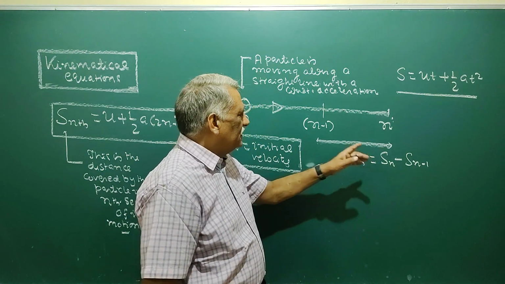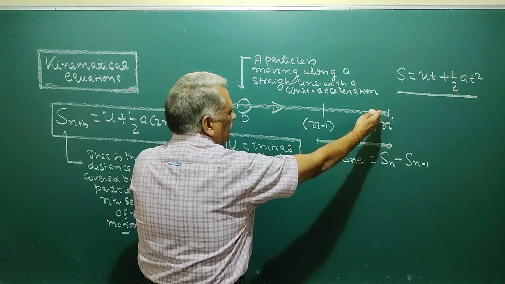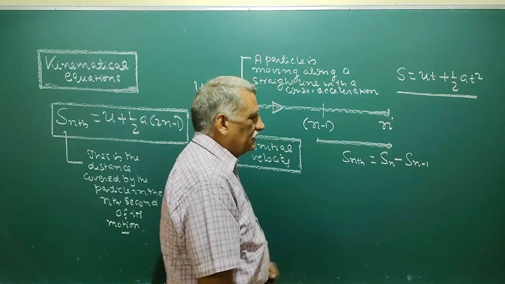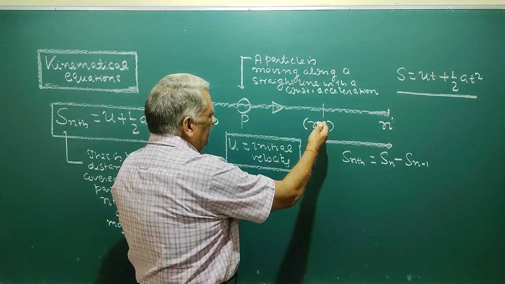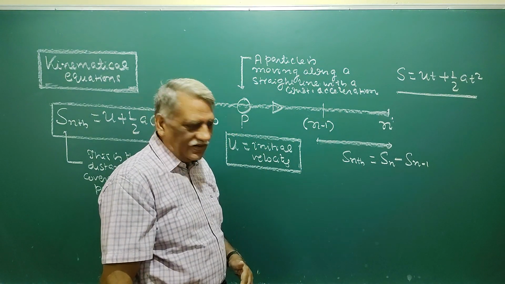S_n is the distance covered by the particle in n seconds, S_(n minus 1) is the distance covered by the particle in n minus 1 second, right?